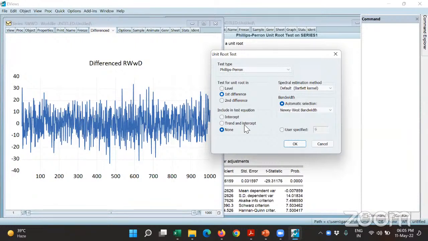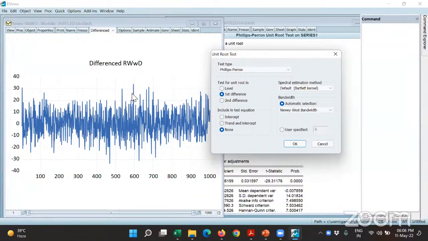Again I have a choice between these three. Do you really think that there is an intercept in this particular series? Do you think that there is a trend in this difference series? If your answer is yes, you can opt for intercept and trend. If your answer is no, there is no trend in this kind of series, so don't opt for the trend option.